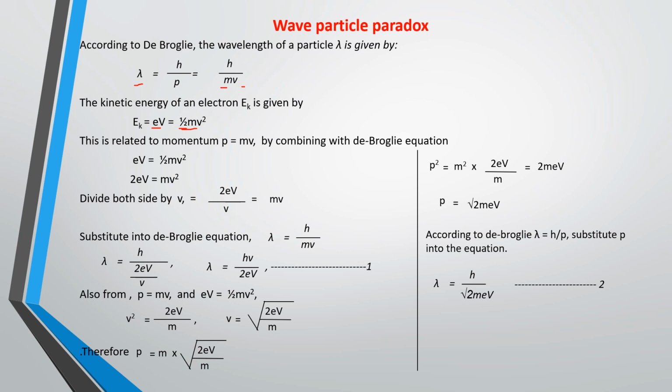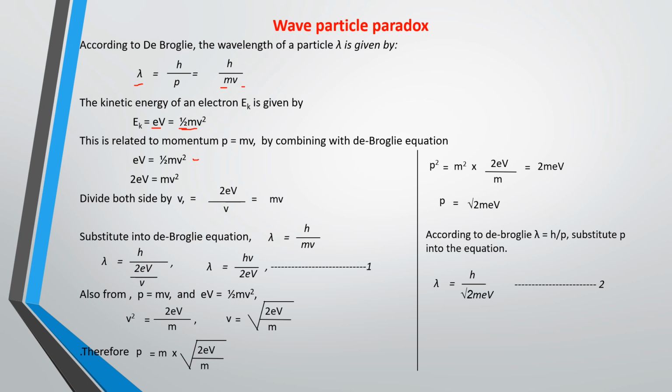So if you combine this equation with the de Broglie equation, where momentum is equal to mv, you can write this equation this way.